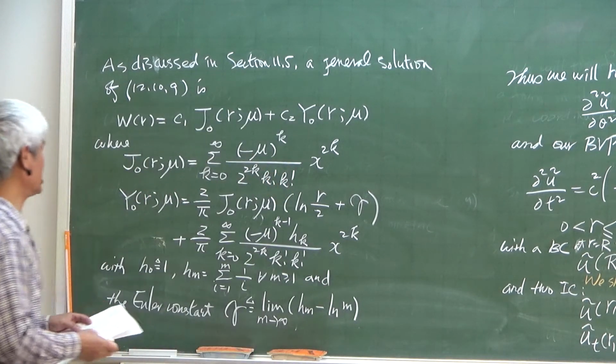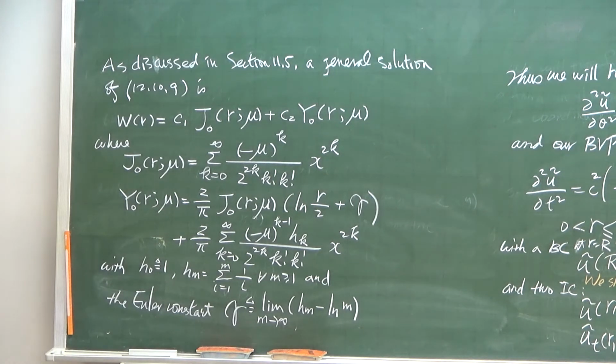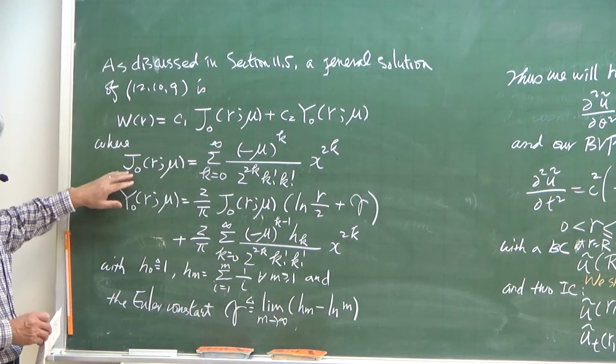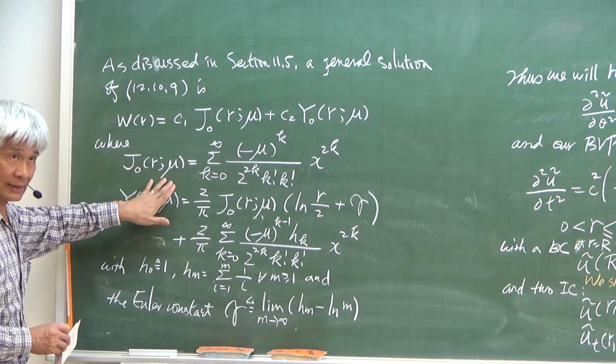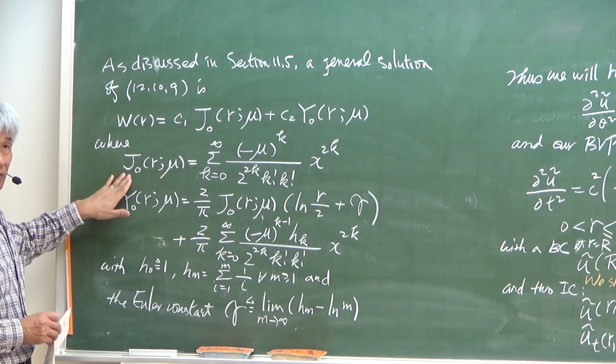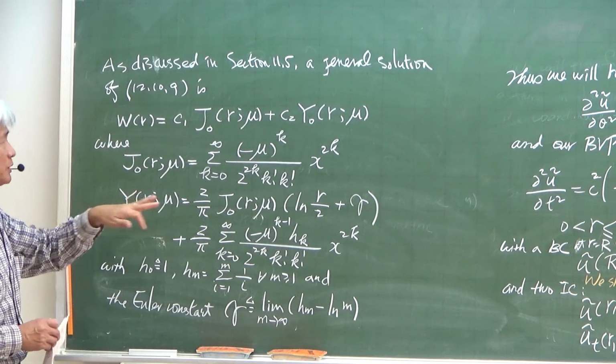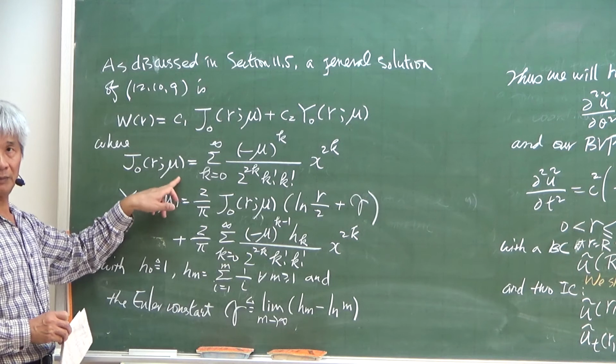So this is what we had in section 11.5, when we discussed the Sturm-Liouville problem. It's not the Bessel function of the first kind of order 0, it's just corresponding to that, because we have a parameter mu here.